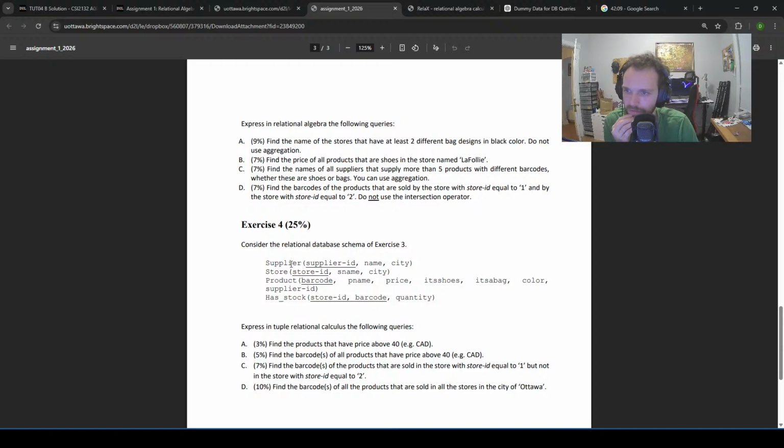I was using cross product here, but how was I using it? Find the name of the stores that have at least 2 different bag designs in black color. Do not use aggregation. So I found all the black bags, and then I found the supply of all the black bags, all the different stores that are selling black bags.